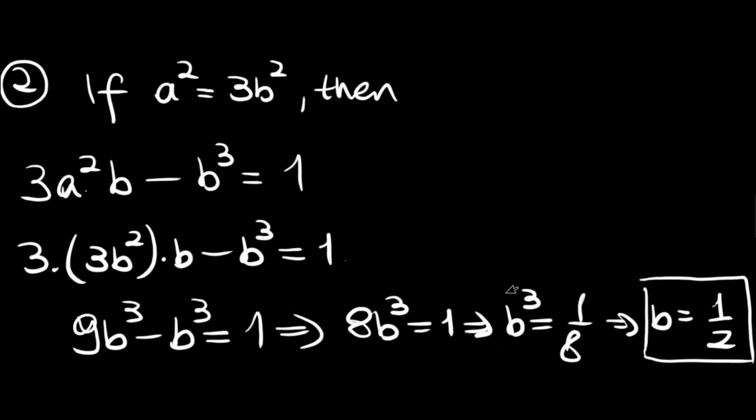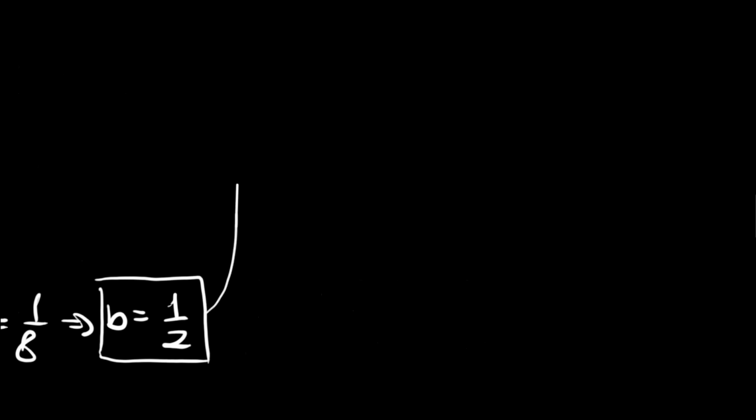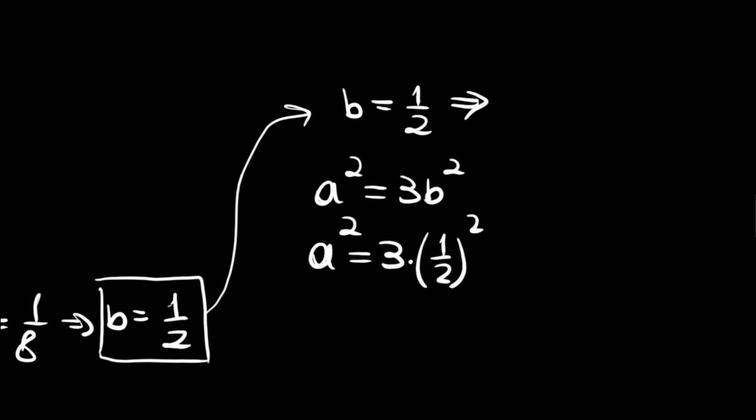If b is equal to 1/2, that gives a squared is equal to 3b squared. So a squared is equal to 3 times (1/2) squared, which is 3 times 1/4, that is 3/4.